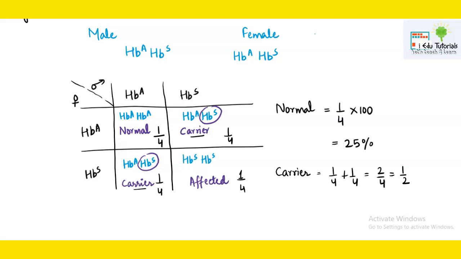Again, this is the fraction. If you want to convert into percentage, it will give you 50%. So the answer to the problem is, the probability of getting the normal offspring is 25% and the probability to get the carrier is 50%. Now we will make a pedigree chart of the given case.